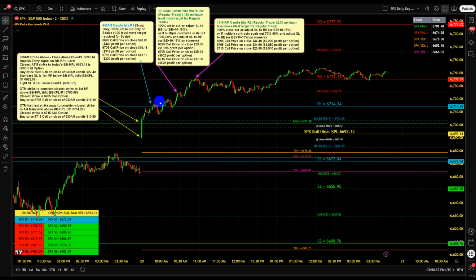But in this indicator, when you take a trade off of any level, you're going to have your standard play, which is the at the money, and then only two alternatives for out of the money. They all depend on what level you're trading from.